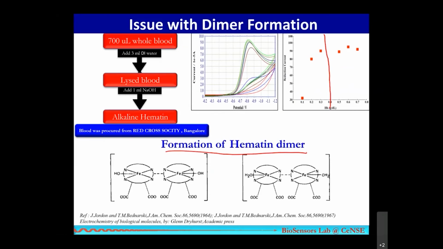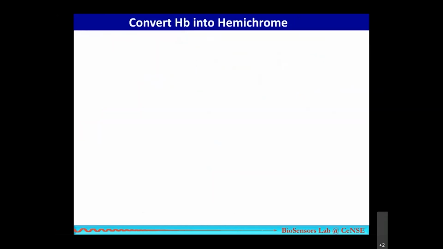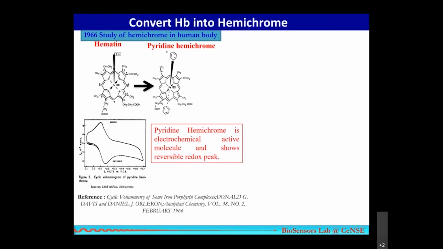So what we have been able to do is come up with an assay with the receptor, which is essentially to convert this hemoglobin into what is called hemichrome. There's a lot of chemistry involved here. We use a chemical called pyridine or imidazole, which belongs to a class of chemicals called N-heterocycle chemicals, right? And this can convert this heme into a structure called hemichrome.